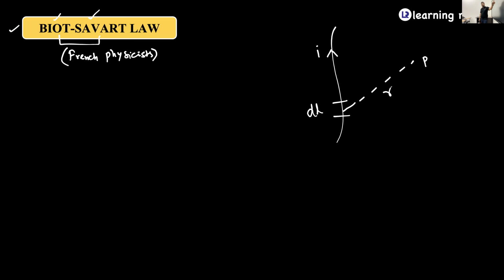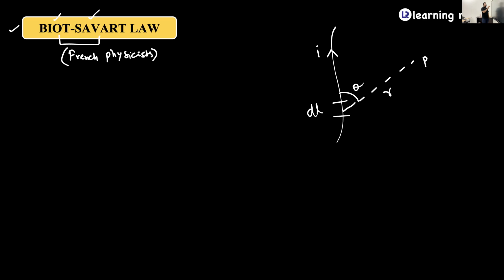From the current carrying element, I took the distance to the point P as r, and if I take this angle to be theta, right? So if I take this angle to be theta, then the magnetic field due to this current carrying element is, we're going to have a mathematical equation which I'll tell you now.